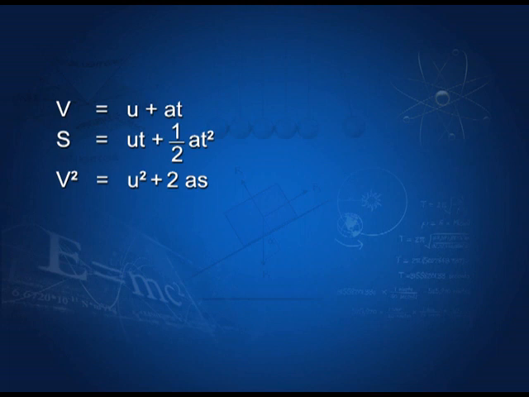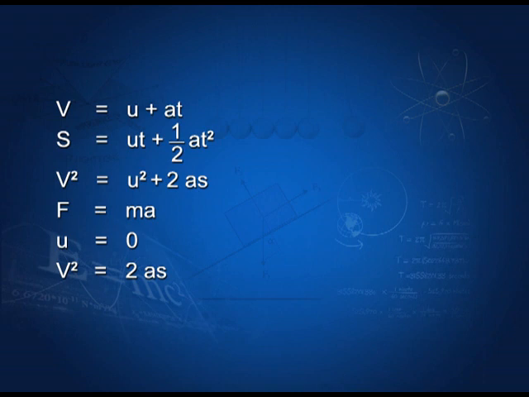Now, let us see how this can be giving us the value for work done. If force F is applied on a body of mass m, an acceleration of a is produced, and from looking at this last equation, we can say if our body starts from rest, so u equals 0.